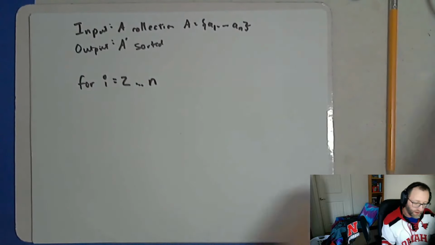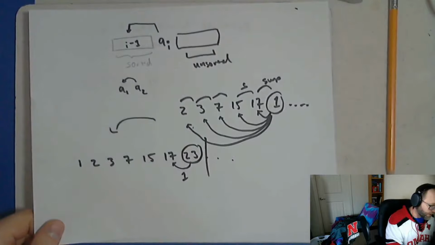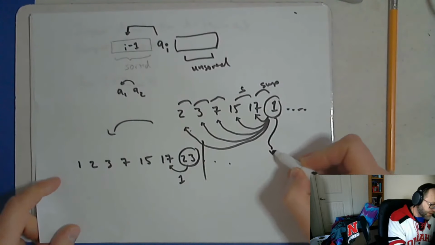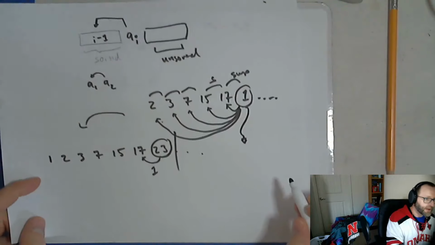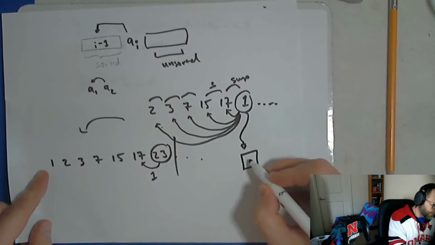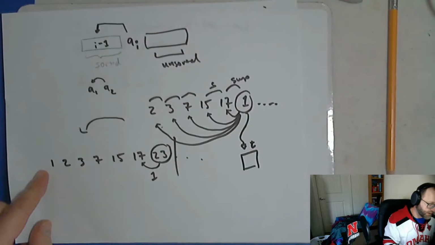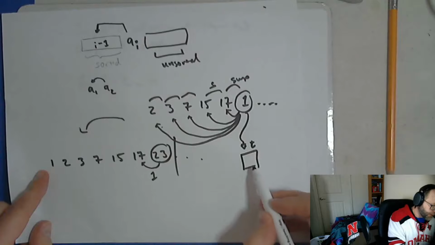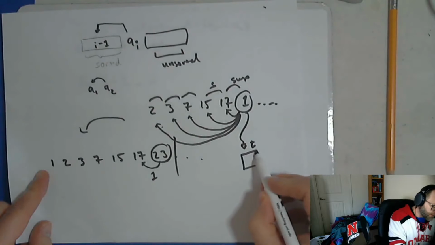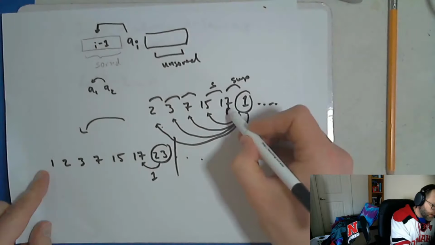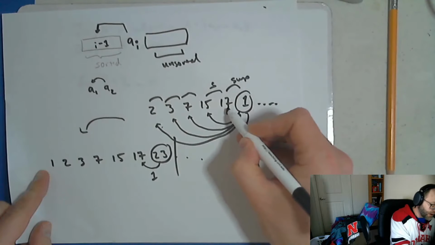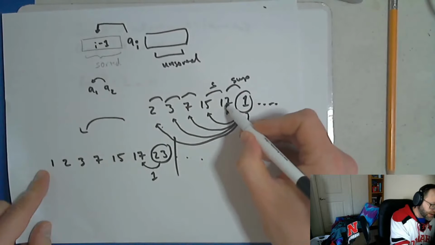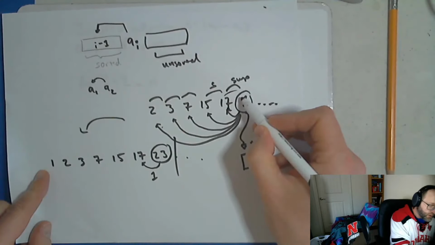Now, instead of swapping these all out, like I did visually here, I'm going to take this value and put it into a temporary holding, the T or something, right? And then I'm going to compare that value to the next thing and see, okay, my temporary value here is less, so I need to move this over in order to make room for it.